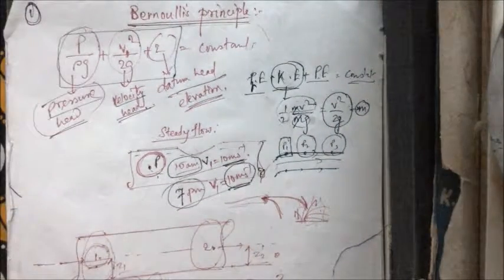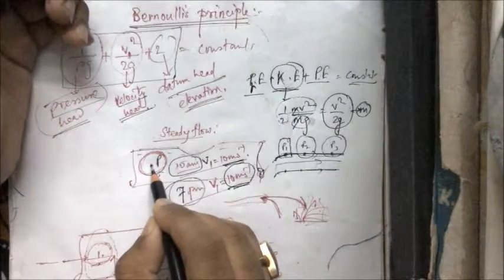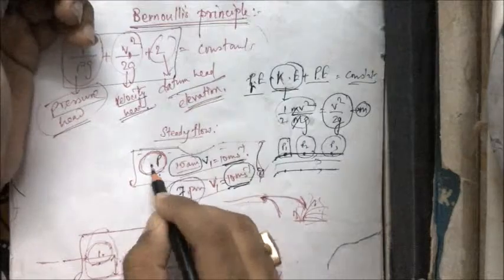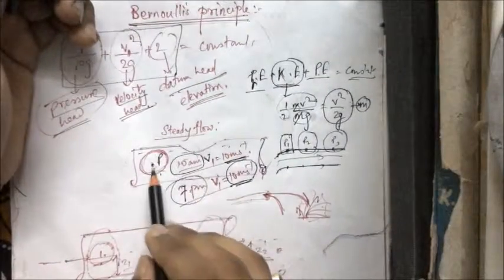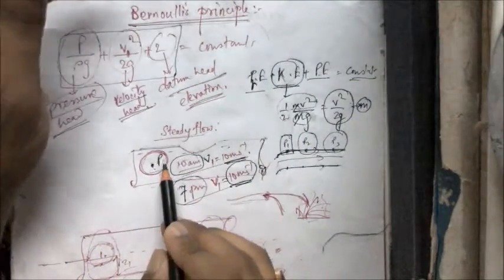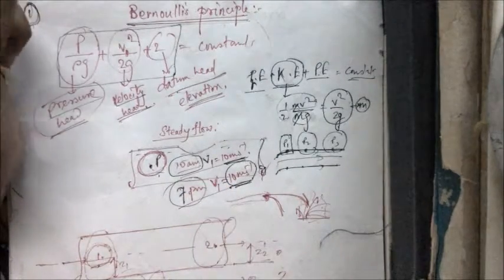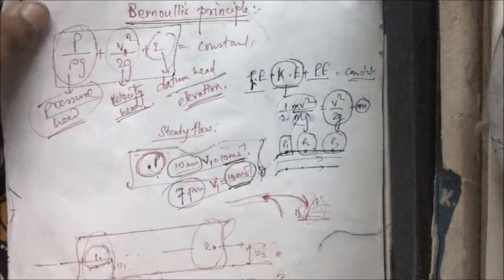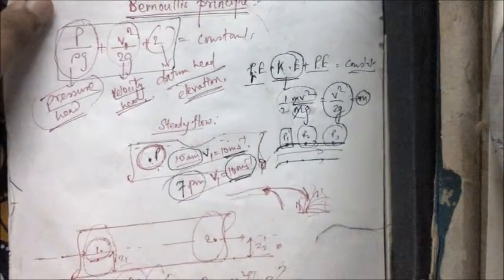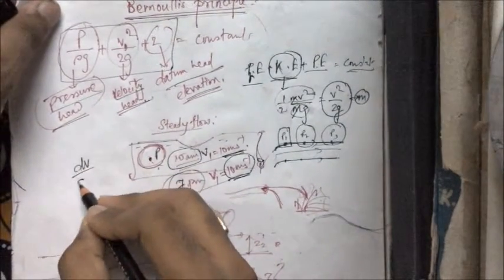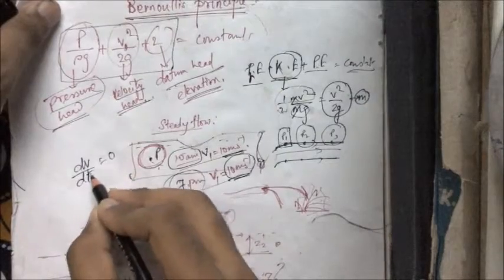Okay, so we can see that in case of a steady flow at a particular point, it may be this point or maybe this point, any point, the fluid parameters, for example velocity and pressure, do not change with respect to time. Okay, so dv by dt equals to 0.